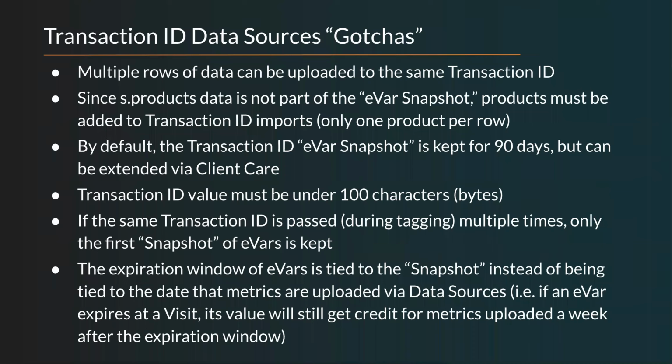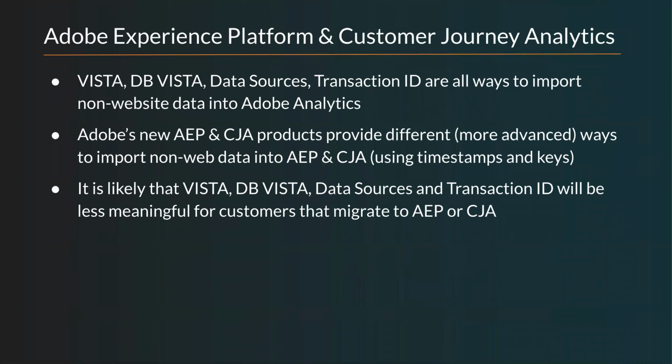So again, some of the stuff can get a little confusing. And then the last thing I'll say is, while all of this sounds really cool, things like VISTA and data sources and being able to tie online and offline, Adobe is moving into a new world with their Adobe Experience Platform and Customer Journey Analytics, which is a new way that you can import data into Adobe.